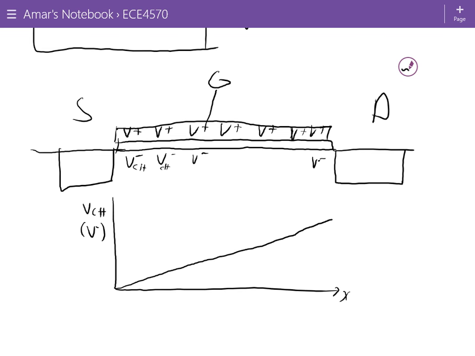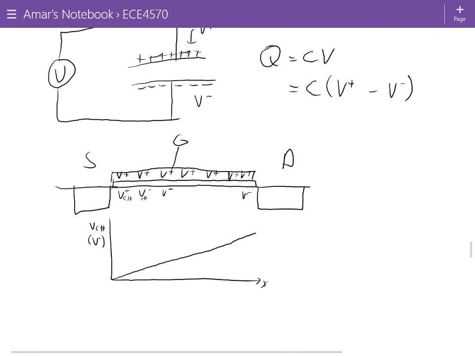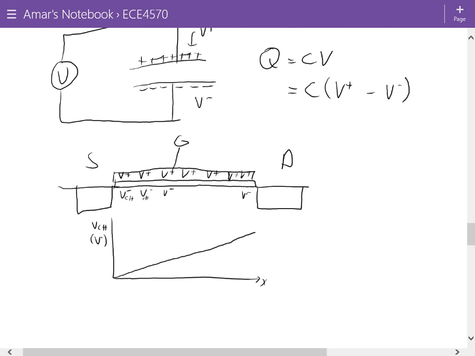So what do we expect the charge to be on the right side of the transistor compared to the left side? What is the Q going to be? Q is equal to C times V plus minus V minus. So which side is going to have more charge? The source side or the drain side?